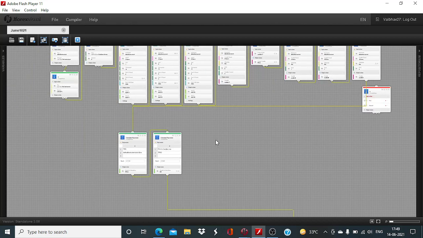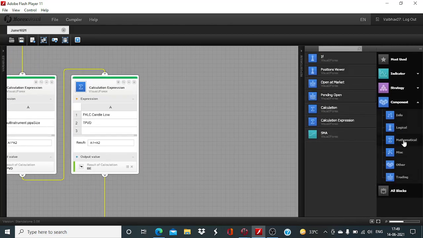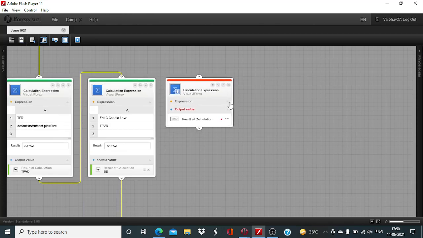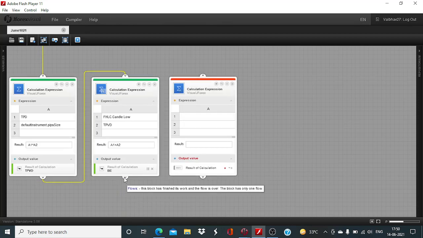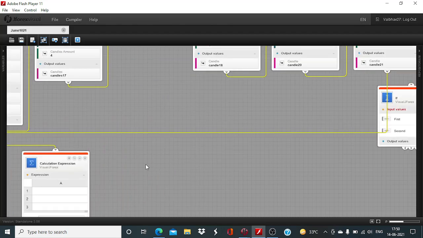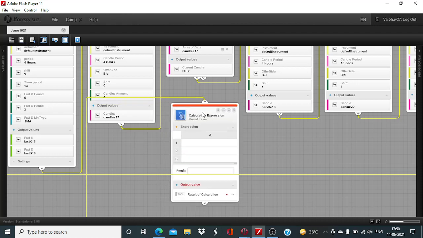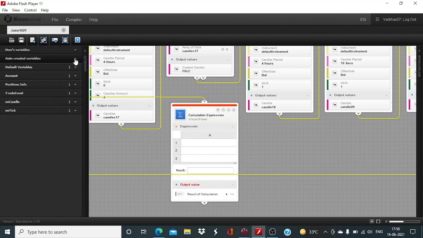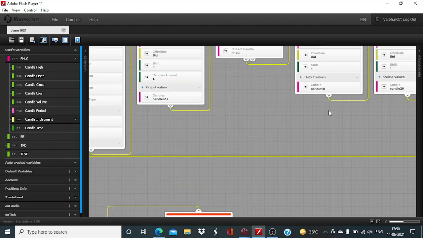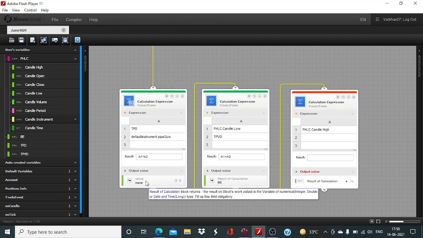Now coming back to the calculation, we need a mathematical component, and we need the FHLC is the highest point, candle high, and from FHLC candle high we will deduct the 10 pips which we have defined in this calculation.